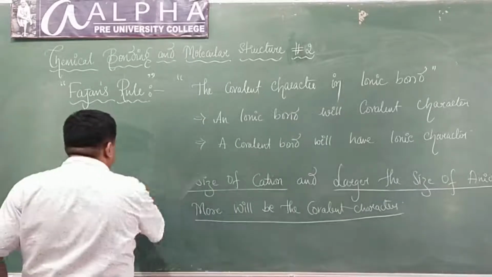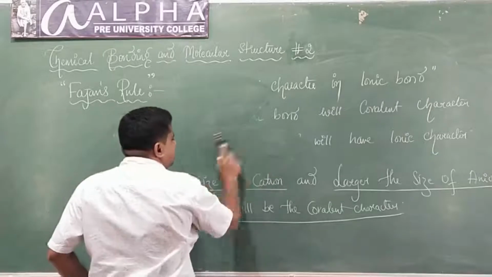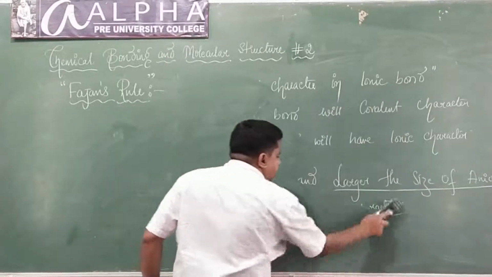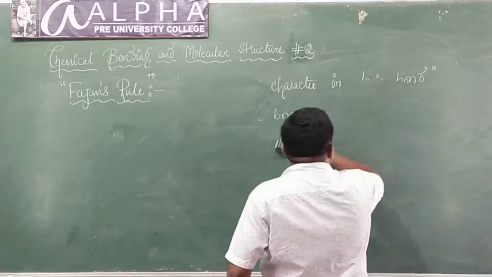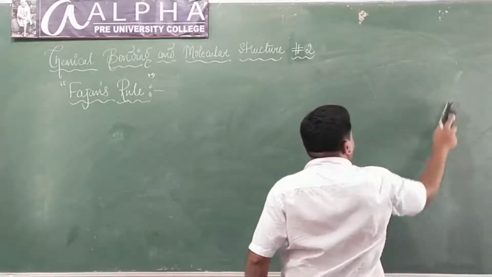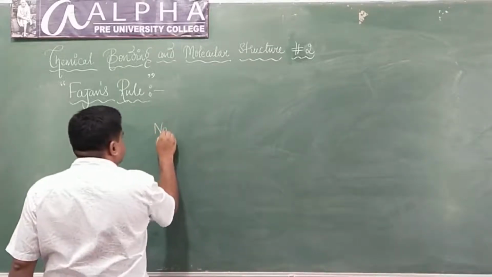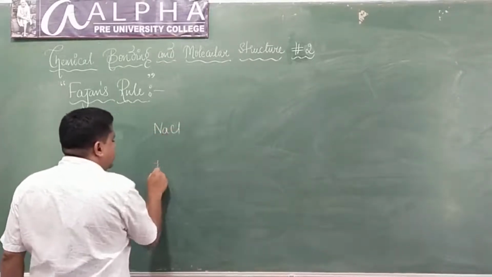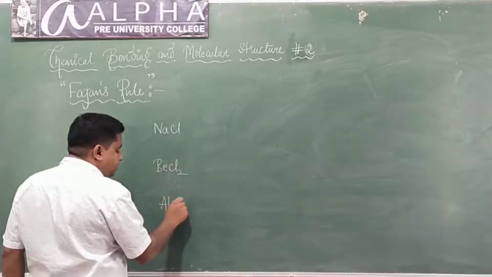Let me explain this with an example. I will take sodium chloride, beryllium chloride and aluminium chloride.